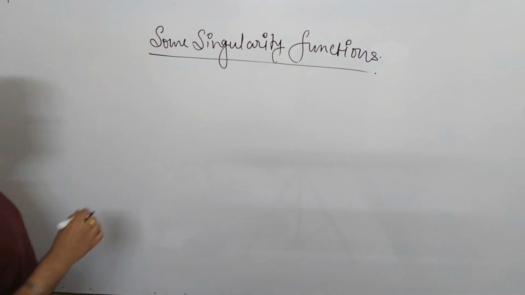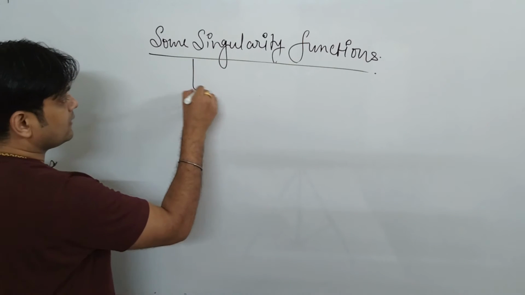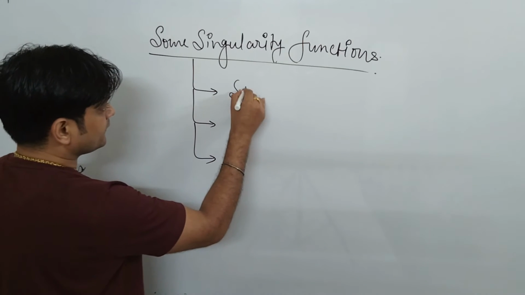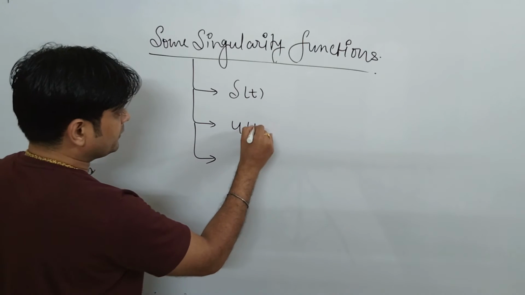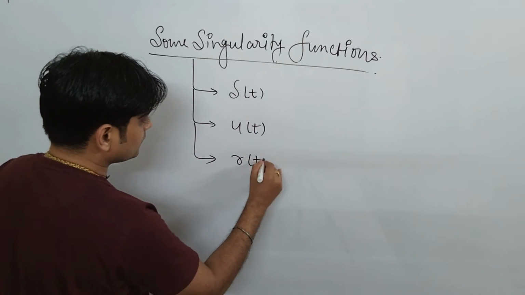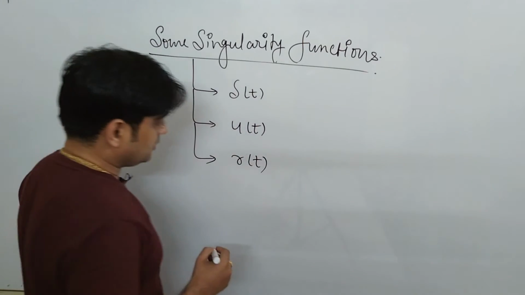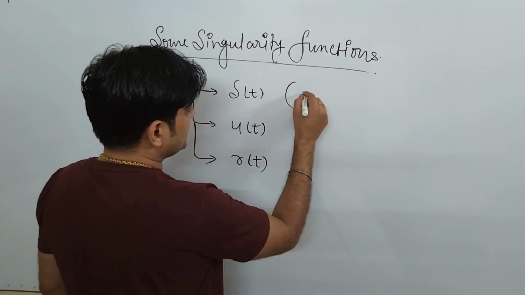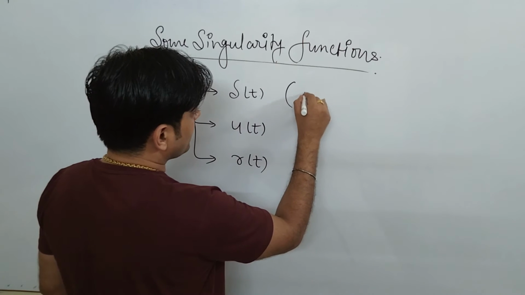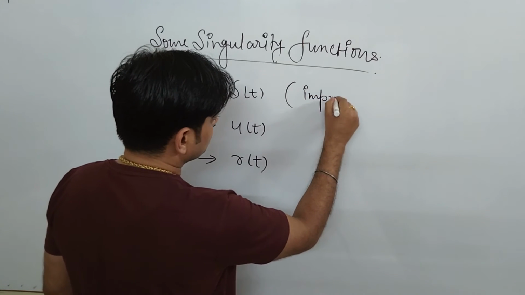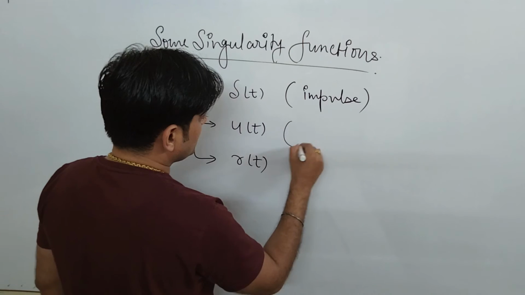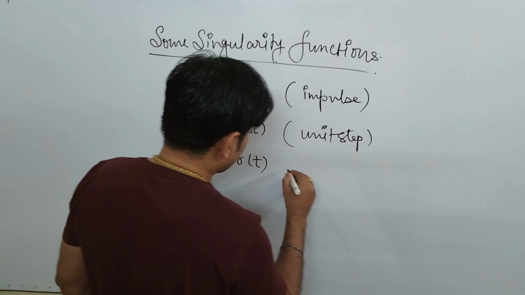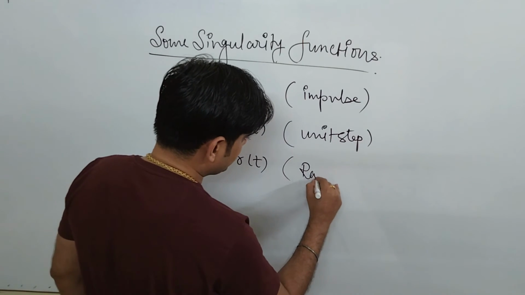Now in initial conditions, there is a little bit of concept which we have to understand. There are three important types of functions. You know about them, or you have studied them in your signals and systems analysis. Del t, that is known as your impulse function. This is your unit step function, and this is your ramp function.